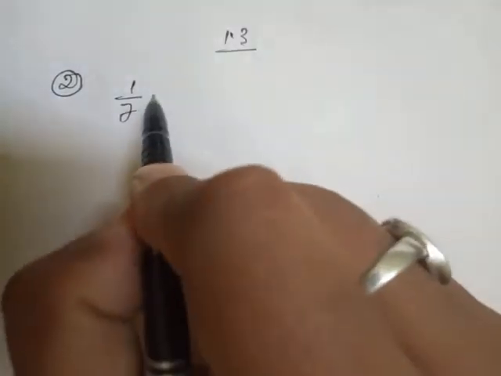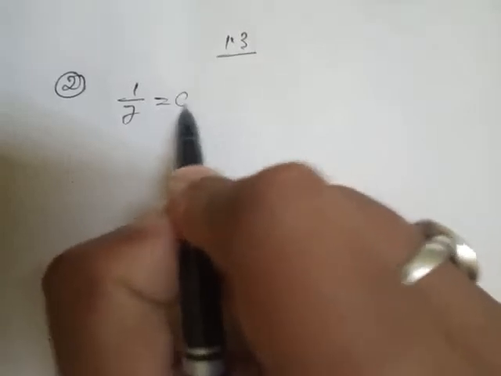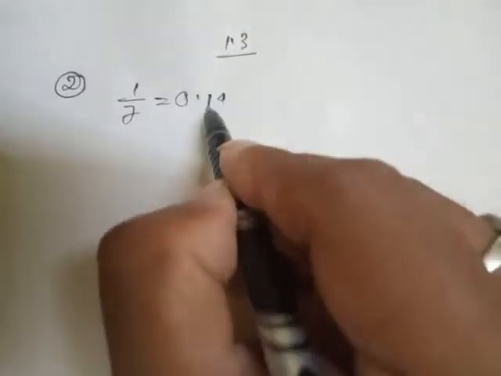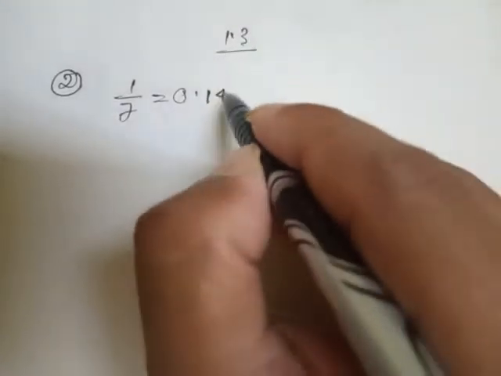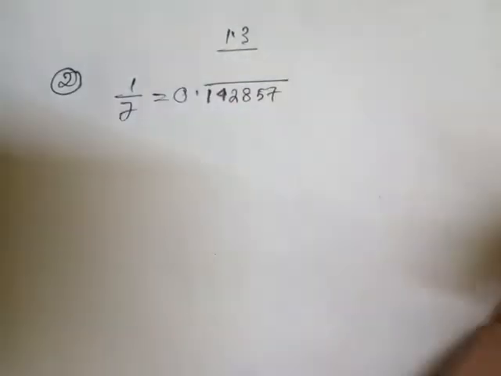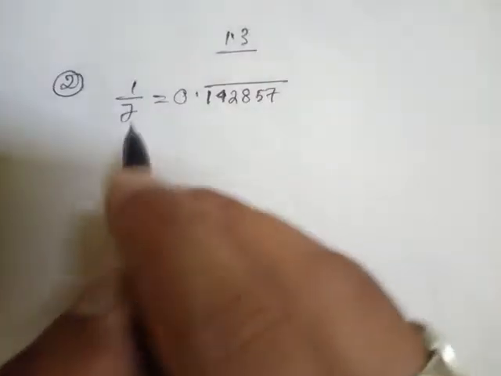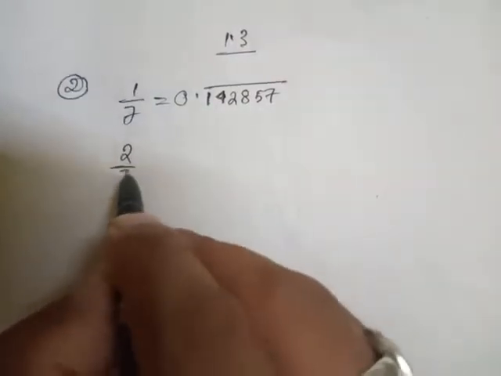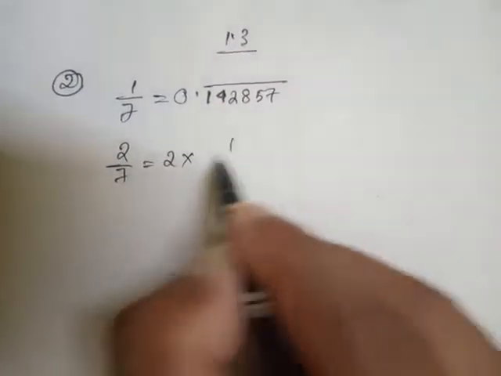Now students, look, exercise 1.3, question number 2. In the given question it is given that 1 by 7 equals 0.142857 bar. Now we have to find 2 by 7, which means 2 into 1 by 7.